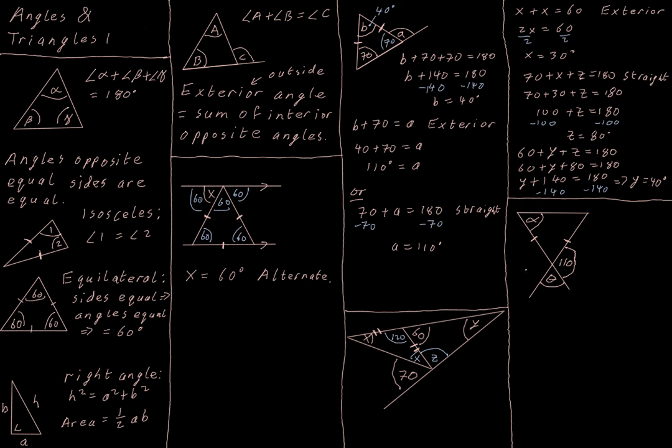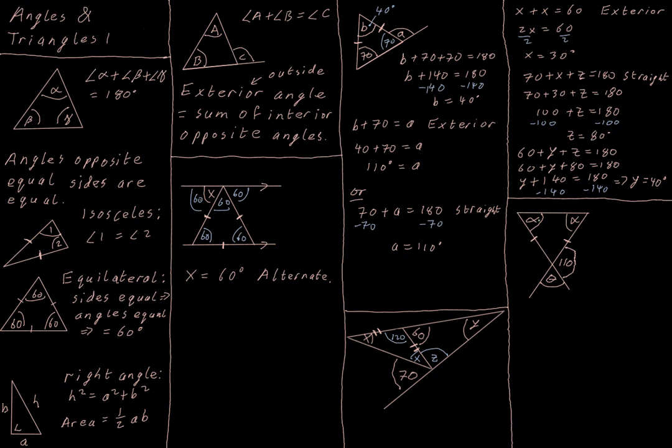Now, how would I find alpha and theta? Well, again, fill in all the information that we can immediately see. I have an isosceles triangle going on here, so I know that this angle, opposite at the equal sides, must also be alpha. So I know alpha plus this angle must add up to 180.